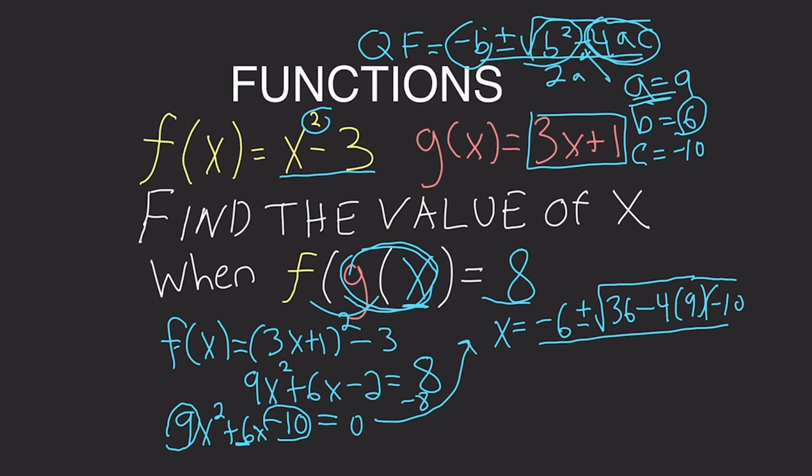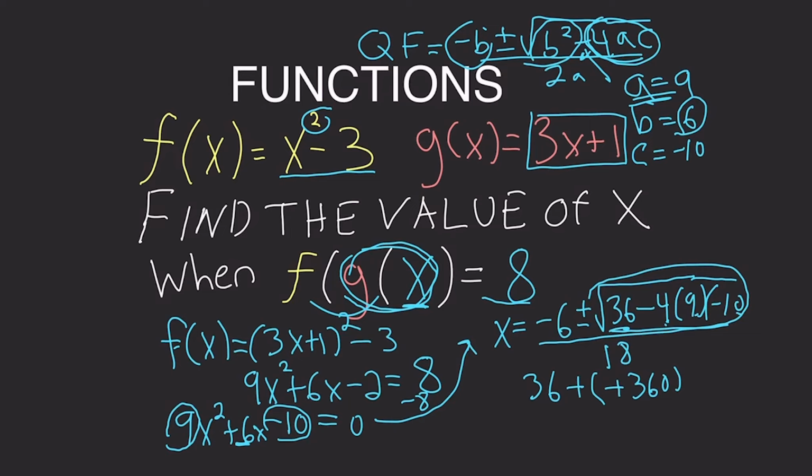Okay, now we've got to compute what's inside underneath this square root. We have a 36 taking away, and then we have a 4 times a 9 times a negative 10. That I know comes out to be negative 360. So what's underneath there, we have a 36 minus a negative 360, so it's plus a 360.